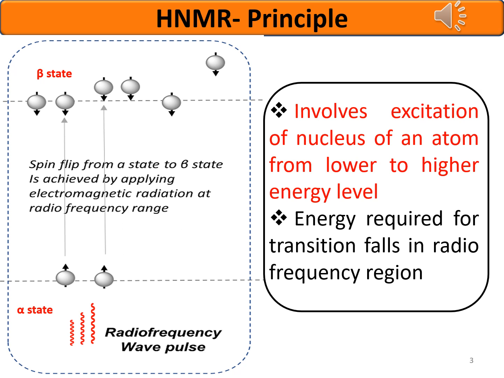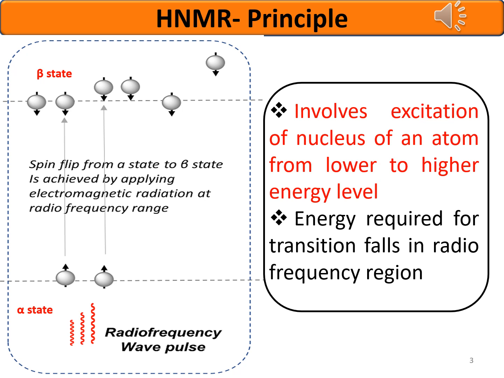What is the basic principle behind HNMR spectroscopy? All the atomic nuclei are electrically charged and also they possess a spin. When such a nucleus interacts with an electromagnetic radiation, the nucleus gets excited from its ground state to the higher energy level.